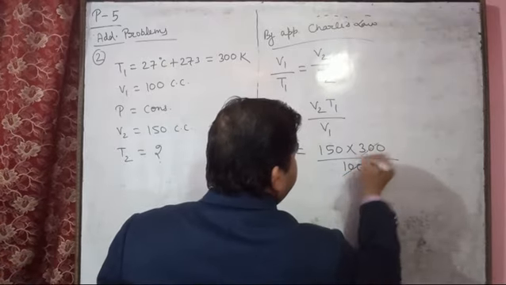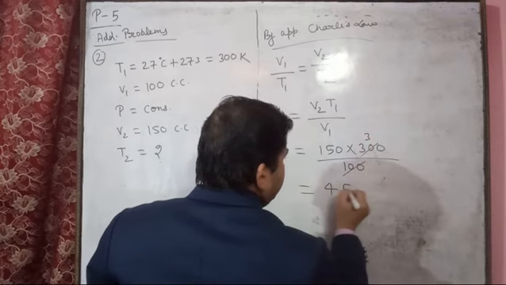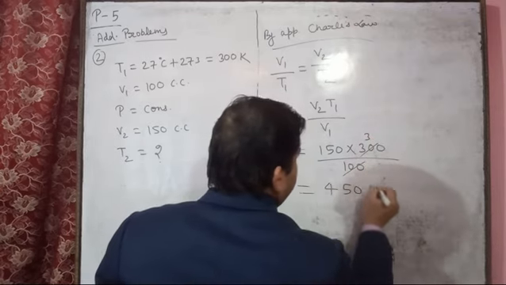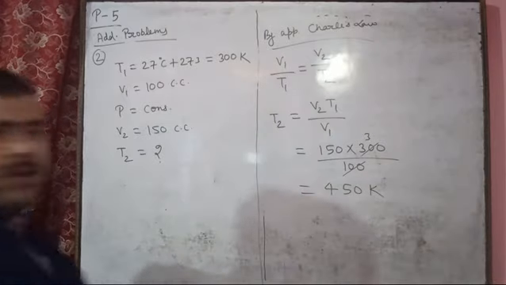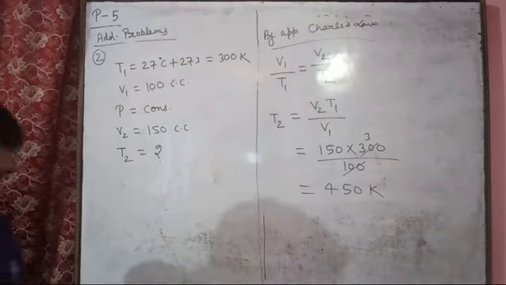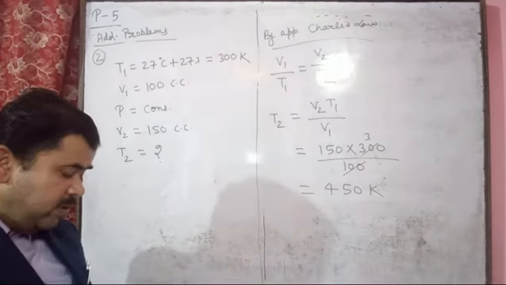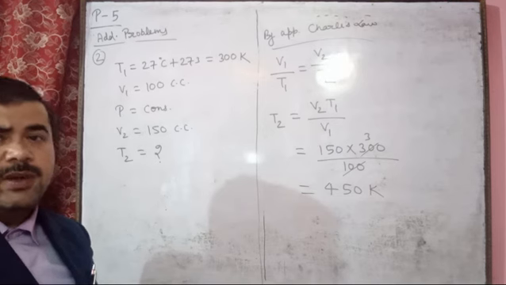So we get 450 Kelvin. So for question number 2, the answer is 450 Kelvin, and if we change it to degrees Celsius, we get 177 degrees Celsius.